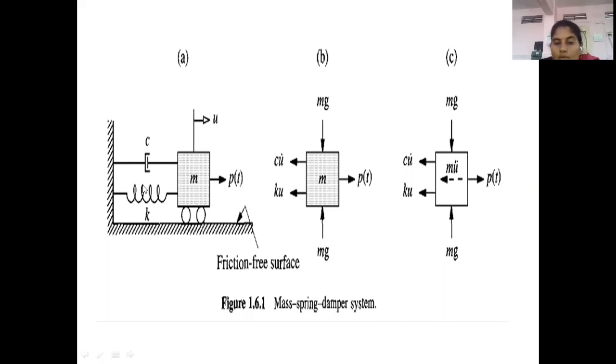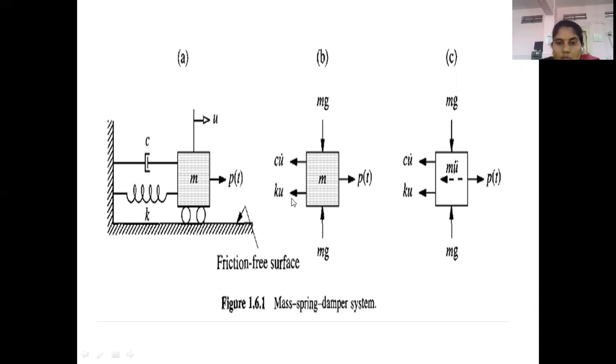These three forces give C x dot plus K x plus M x double dot equal to P of t. That is the general equation of dynamic analysis, where P of t is the external force, M x double dot is the inertia force, K into X is the stiffness force, and C x dot is the damping force.